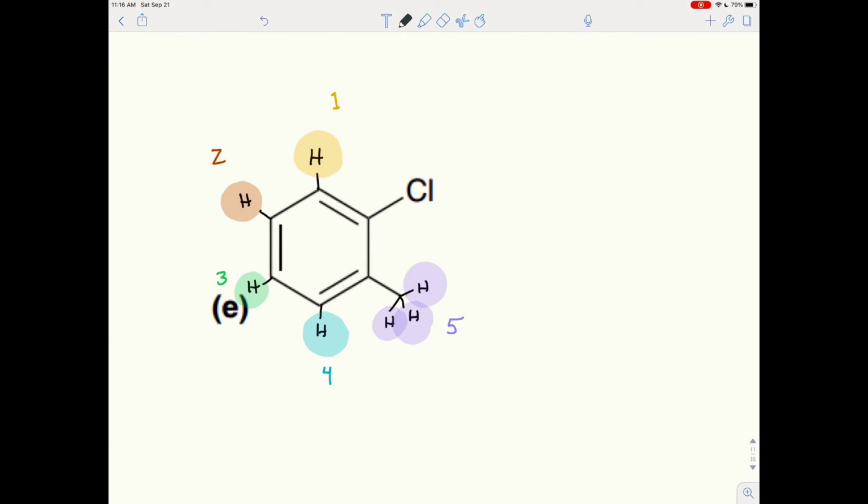So when you put a sample of this into an NMR spectrometer, you turn on the magnet, all the nuclei align, you start shining radio waves to try to flip them. Because each of these hydrogens are in 5 different electronic environments, you'll expect 5 different amounts of energy to be absorbed. And so you'd have 5 signals, 5 shadows that you'd expect in the NMR spectrum.